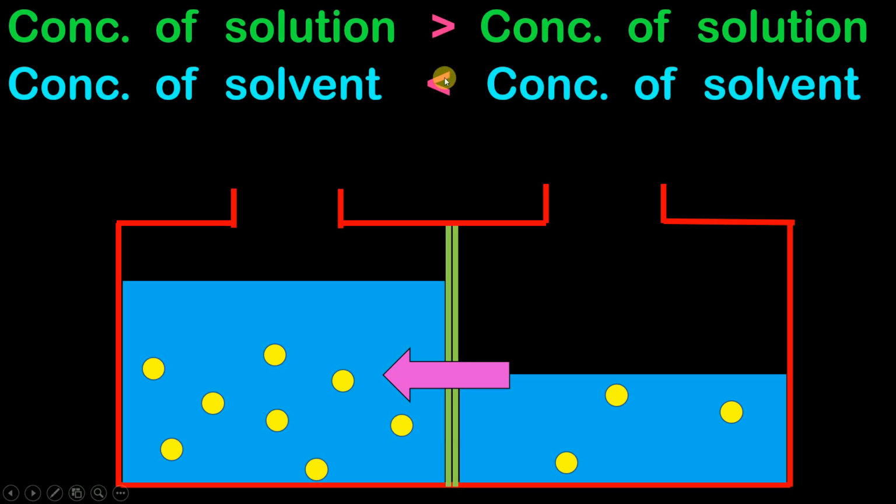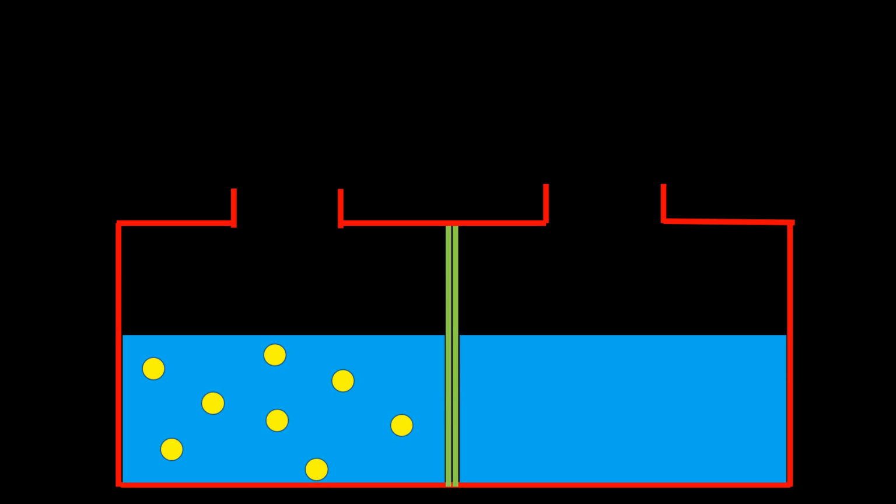It has got reversed. Now, after understanding osmosis, now it is time for us to understand what is osmotic pressure. Okay. So for that, as you can see, on the left hand side, I am having a solution, and on the right hand side, I am having only solvent.